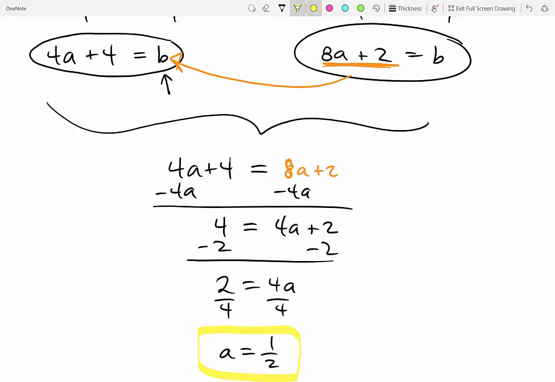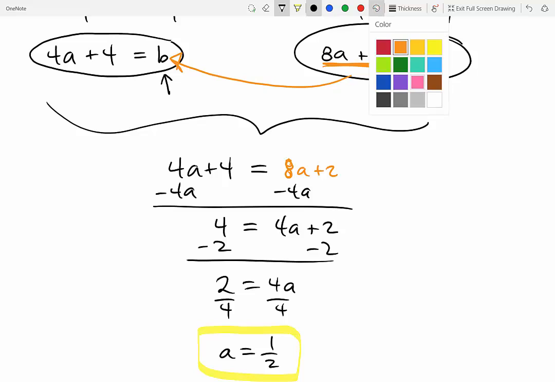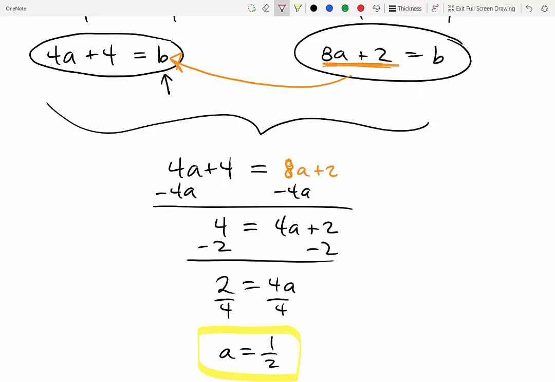Now, after you solve for one variable, it actually is quite easy to solve for another. Knowing that a equals 1/2 means that we can solve for b by either plugging it into this equation here or this equation here. It's really up to us. So I'm going to use the first one, which gives us that b is equal to 4a plus 4.